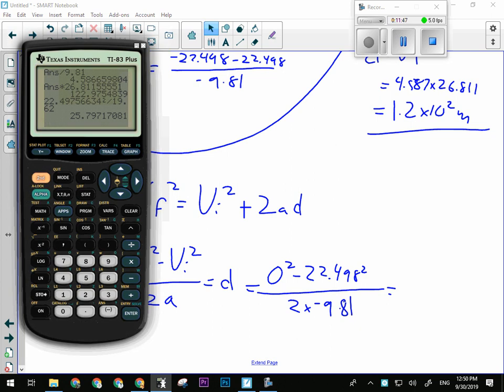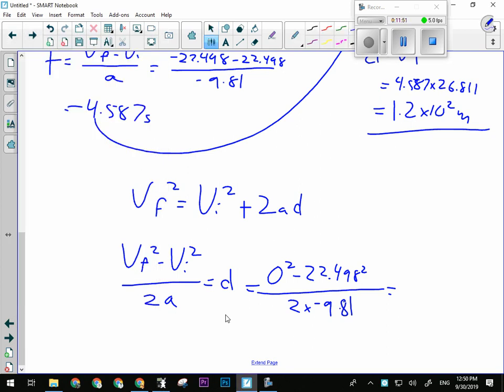We only have 2 significant figures. Okay, now, as I was saying, I could solve this using a different formula if I use half the time. Right? Then I could use this formula. D equals VI times T plus 1/2 AT squared. I just have to remember to divide the time by 2, and I'll get the same answer.